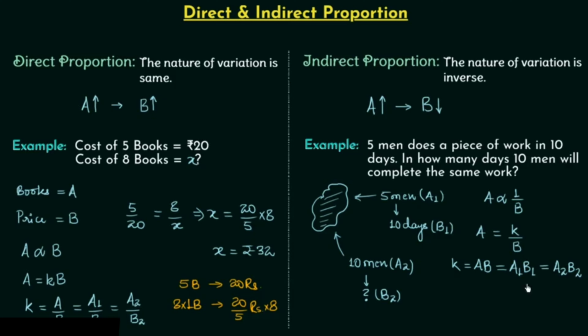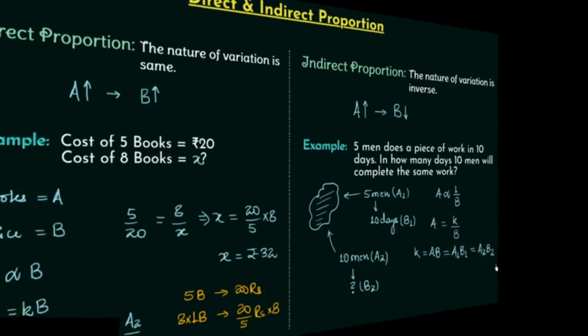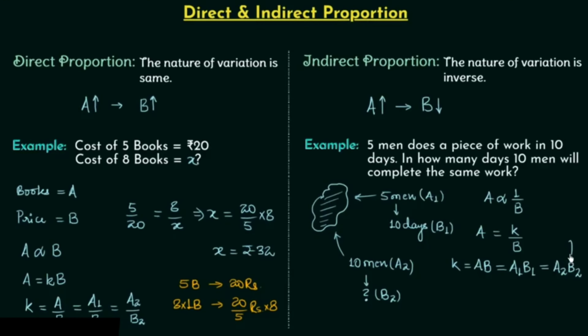Now focus on this: A1 B1 equal to A2 B2. A1 is 5, B1 is 10, A2 is 10, and B2 we need to find out. Let us represent B2 by x. We need to find x.